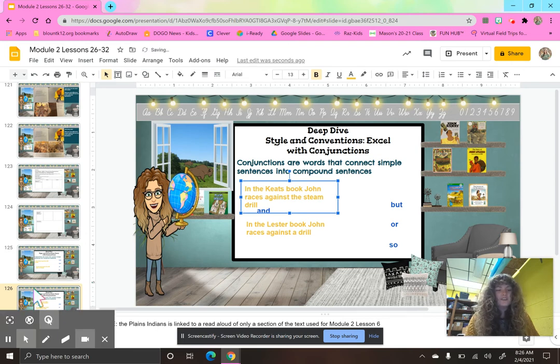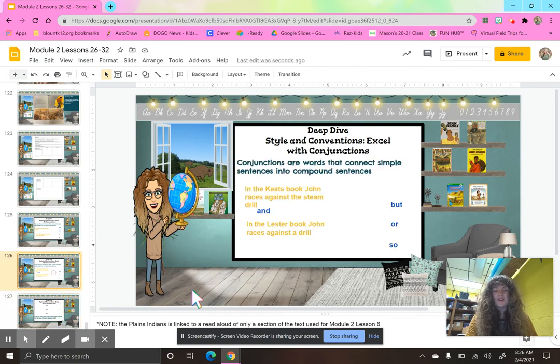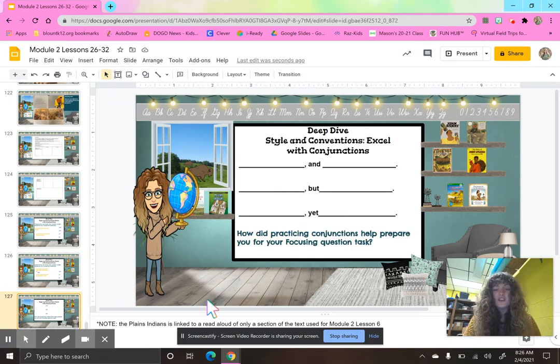So when we are talking about conjunctions, conjunctions are words that put simple sentences together. So we can use these conjunctions and, but, so, or yet to put those sentences together. We will be using conjunctions in our writing tomorrow.